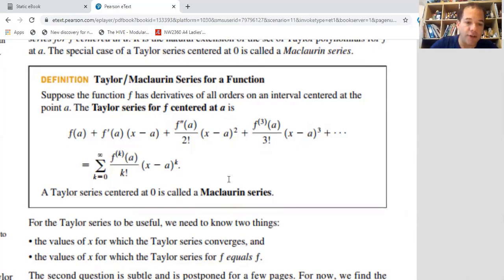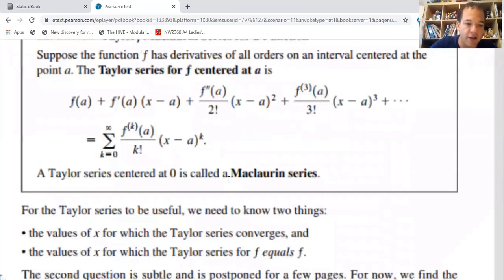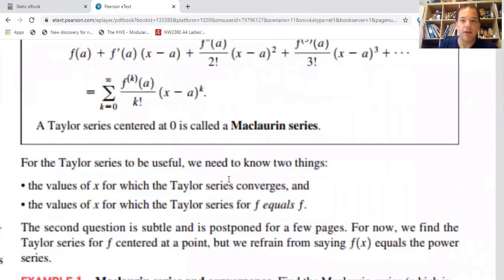And then the important thing here is right here. So the important thing here is these two questions that are stated right here in the book. Question number 1. For which x's is this series convergent, right? Because if it's not convergent, then we just have a power series, but it's useless. When we plug in a value of x, it diverges, so it gives us no information.